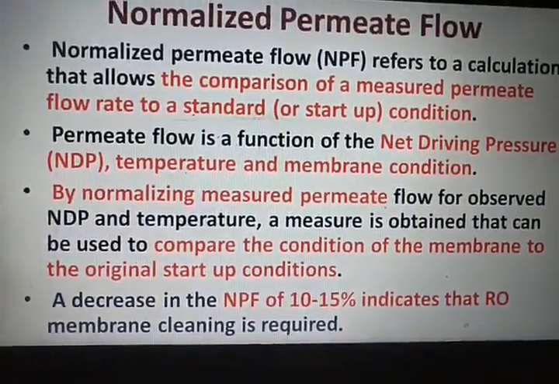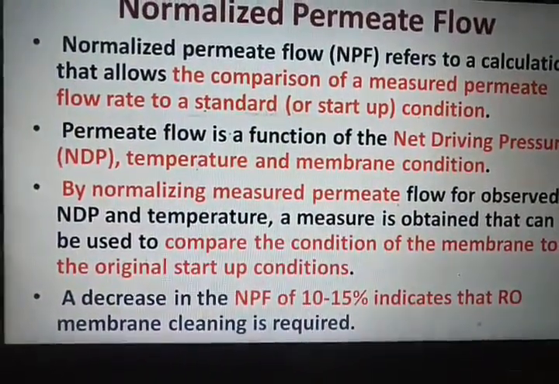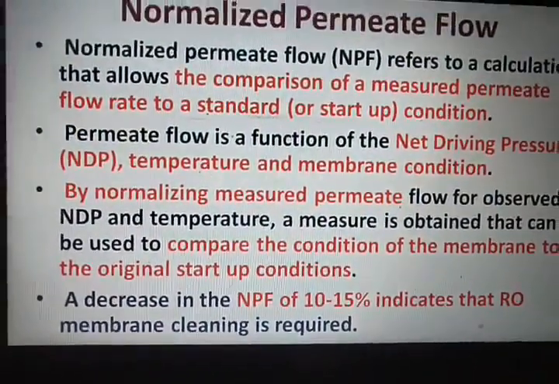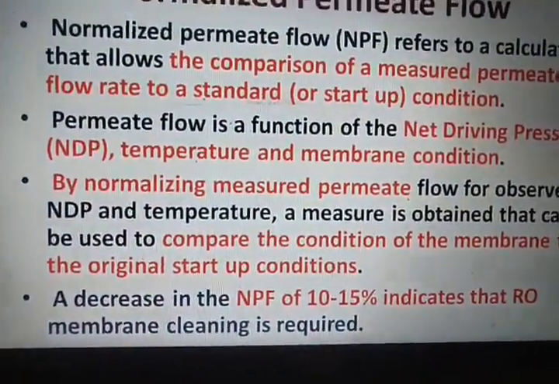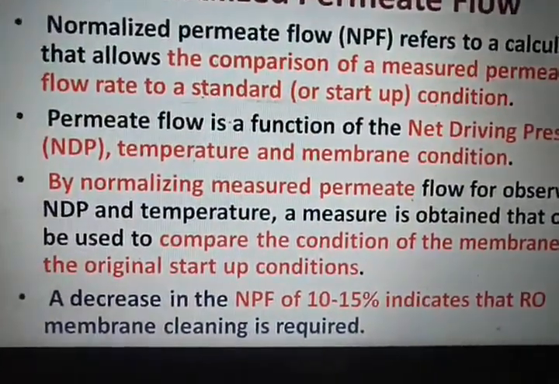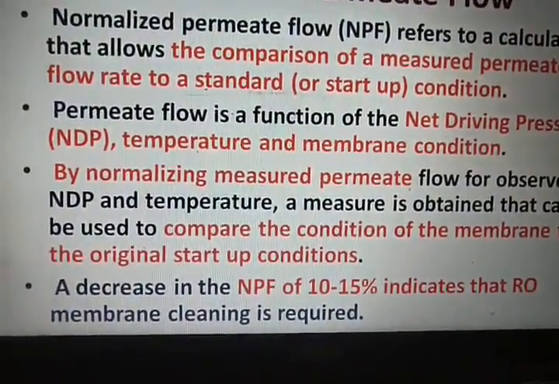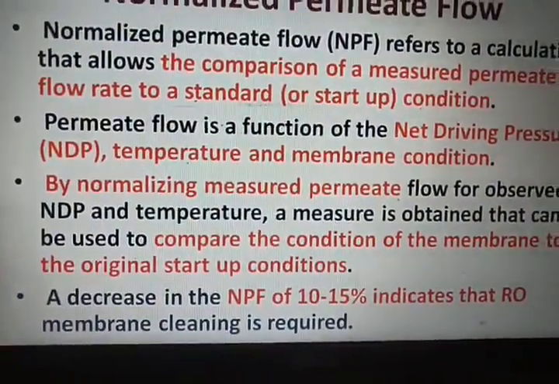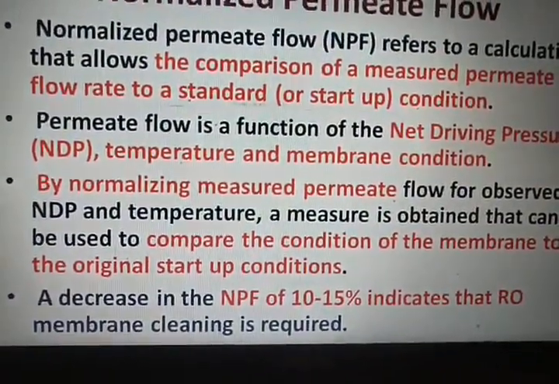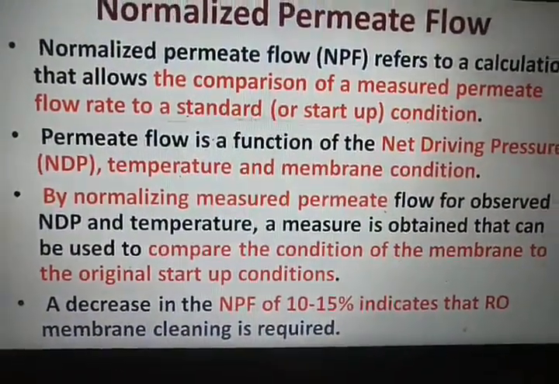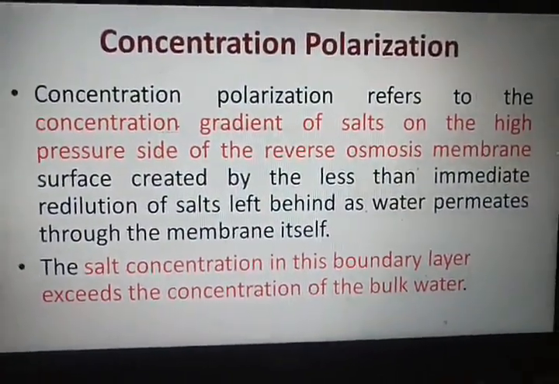Here a decrease in membrane permeate flow of 10 to 15% indicates that RO membrane cleaning is required. This is an important parameter while deciding the cleaning of RO membranes. The normal permeate flow under normal operating conditions will have some X value. If it decreases over time in the range of 10 to 15%, then that indicates that membrane cleaning is required.